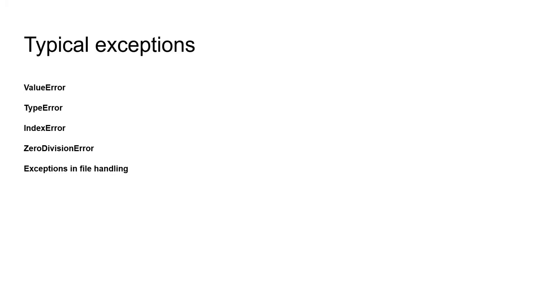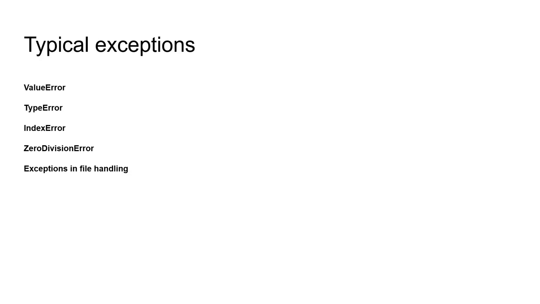The zero division error is when you try to divide something with zero, which might seem like something that doesn't happen a lot, but it's more typical than you expect. For example, when you're trying to calculate the average of items in a list and there are no items in the list, so the length is 0, and when you divide with the length, you're dividing with 0.